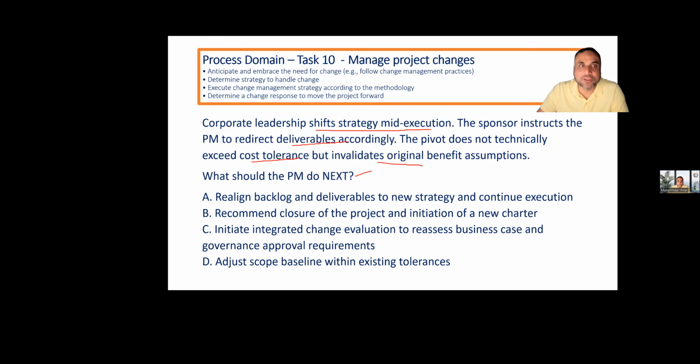What should the PM do next? Realign backlog and deliverables to new strategy and continue execution. Recommend closure of the project and initiation of a new charter. Initiate integrated change evaluation to reassess business case and governance approval requirement. Adjust scope baseline within existing tolerance. What do you think is the better answer? There is more than one better answer, but one is correct.